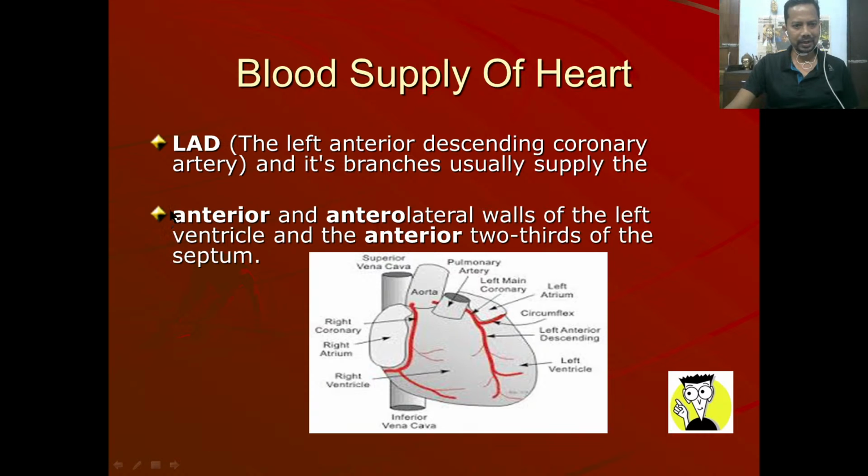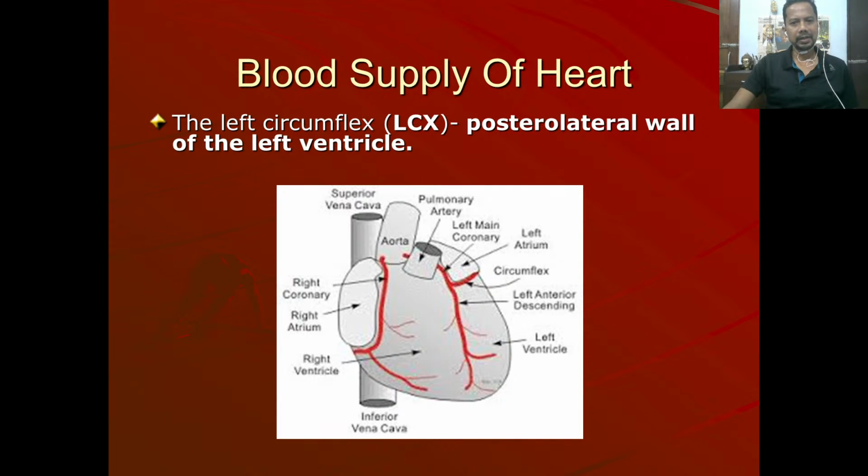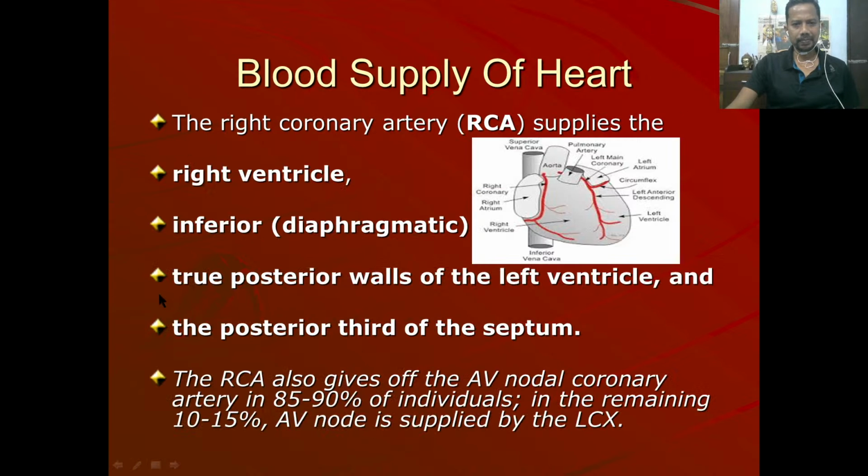LAD supplies the anterior wall of the LV, the anterior lateral wall, and the anterior 2/3 of the interventricular septum. Then the left circumflex supplies the posterior lateral wall of the left ventricle.